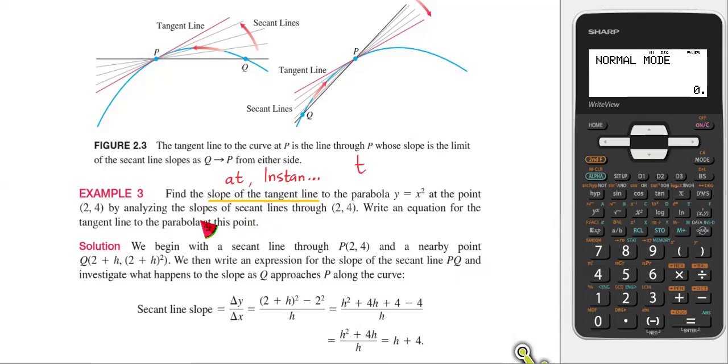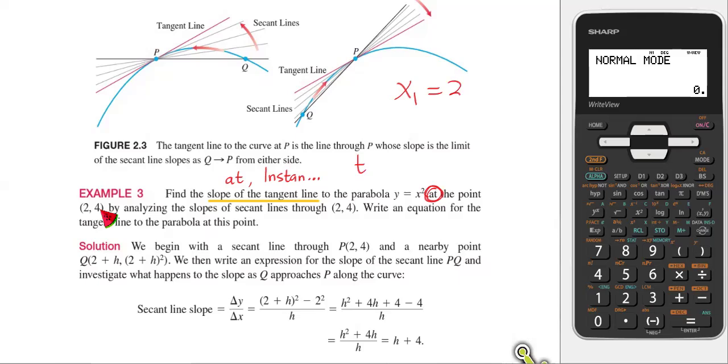Look what they say. They say find the slope of the tangent line to the parabola y equals x squared at, there's that word, not between, at t equals 2. There's the t, or it's actually x in this case. So that means x1 is actually 2.